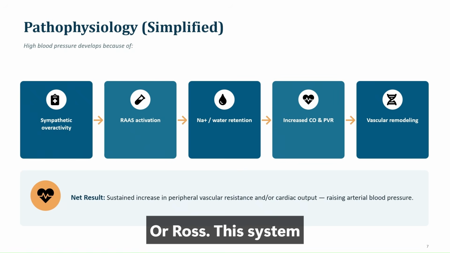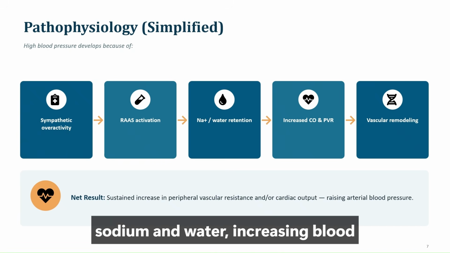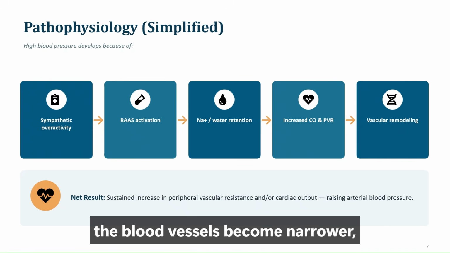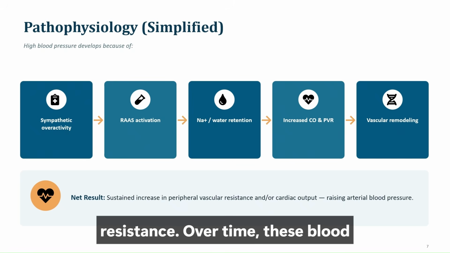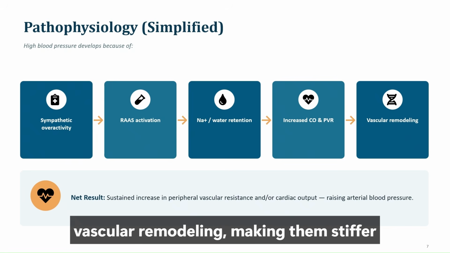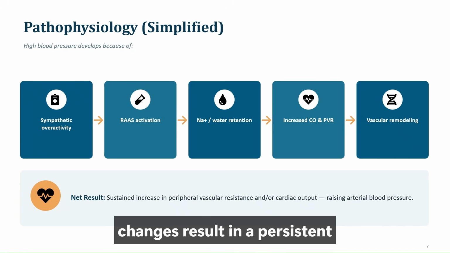This system causes the body to retain sodium and water, increasing blood volume. At the same time, the blood vessels become narrower, increasing peripheral vascular resistance. Over time, these blood vessels undergo structural changes called vascular remodeling, making them stiffer and less flexible. Together, these changes result in a persistent increase in blood pressure.